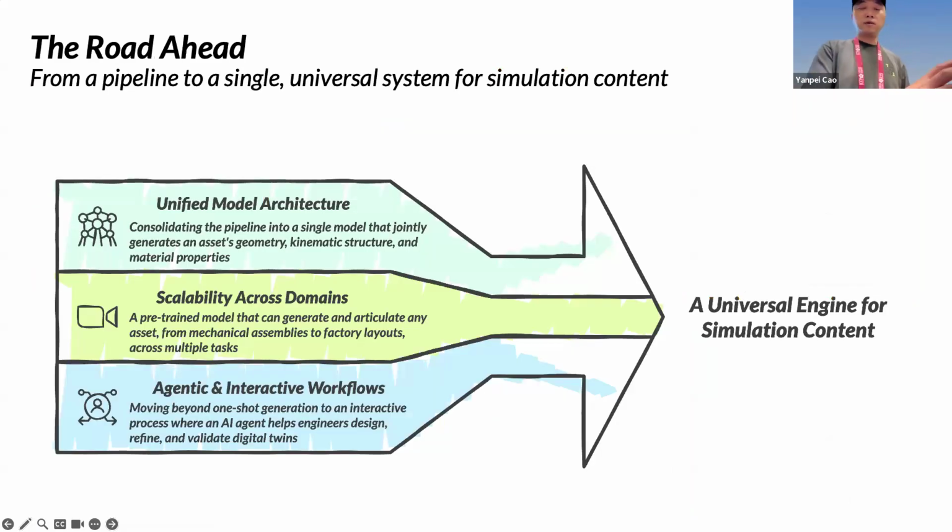And of course, the road ahead. I think the next focus is on consolidation, which means the big vision is moving from pipelines of discrete and specialized models to a single, universal foundation model for creating digital twins. First, achieving a unified model architecture.